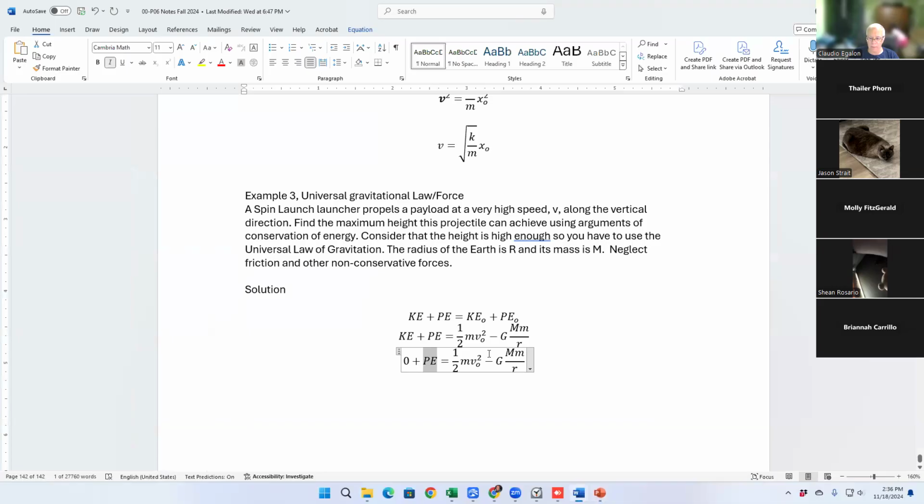So here you go. I'm going to copy and paste right in here because it's going to be exactly the same thing. But instead of just R, it's going to be R plus H. And by the way, this R here is going to be uppercase R, which is the radius of the Earth. Okay?